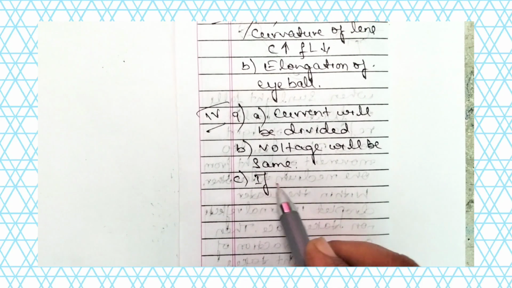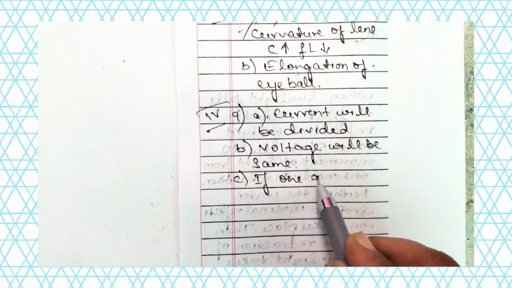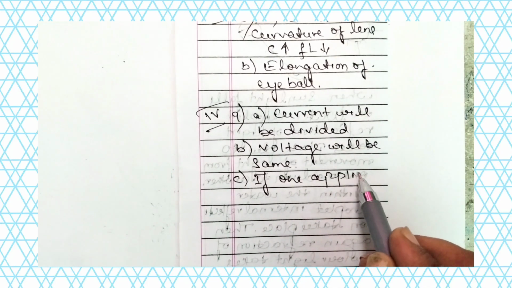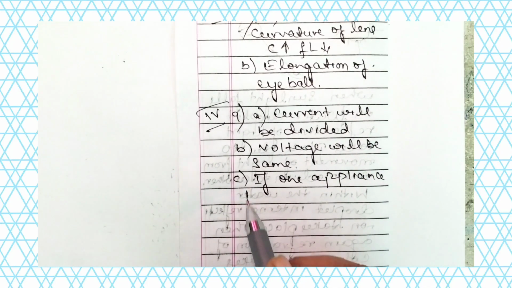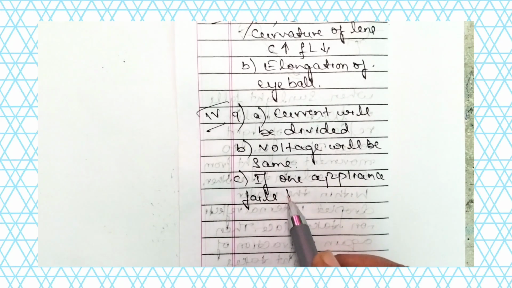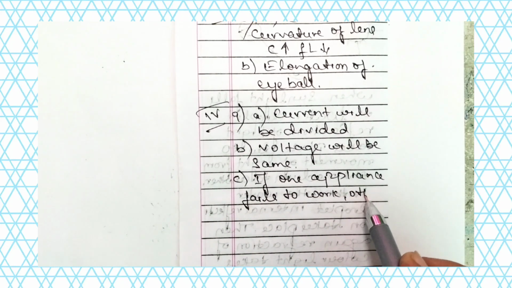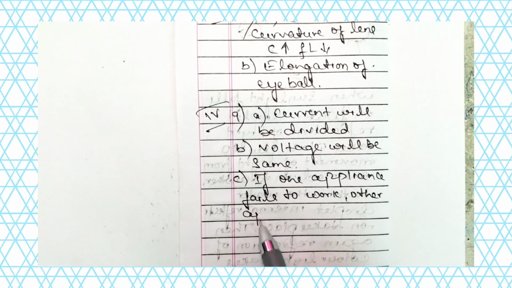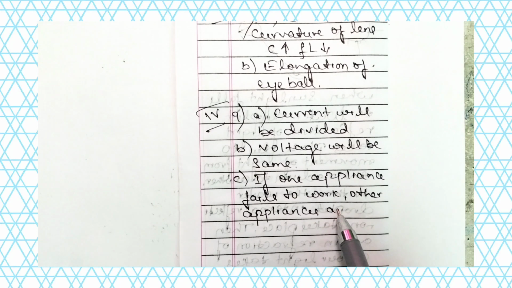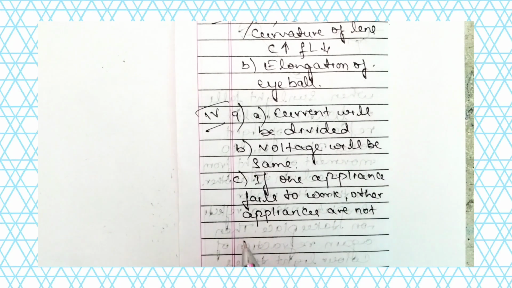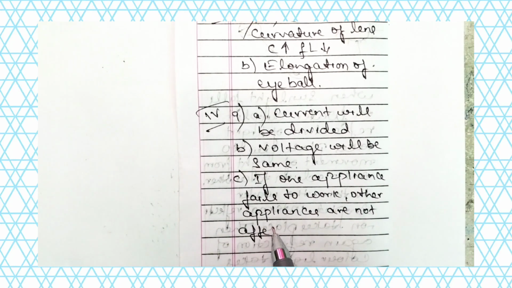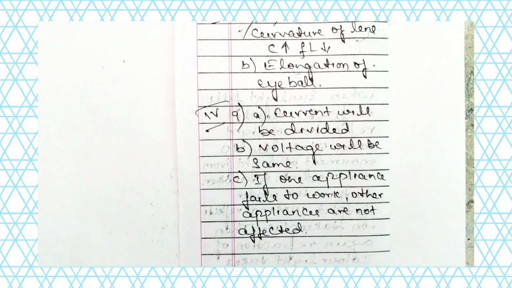Next, the third is if one appliance fails to work, other appliances are not affected. There is no trouble to the other appliances. Even if one does not work, no problem.